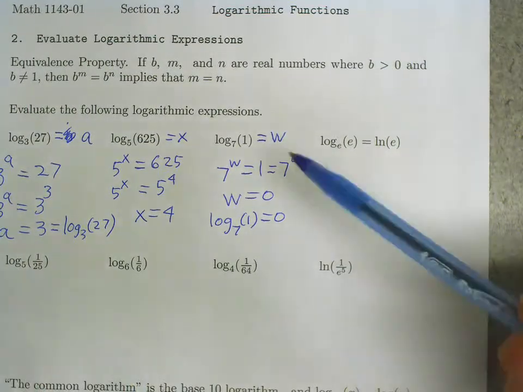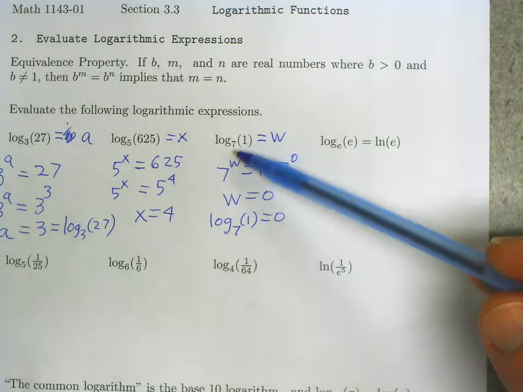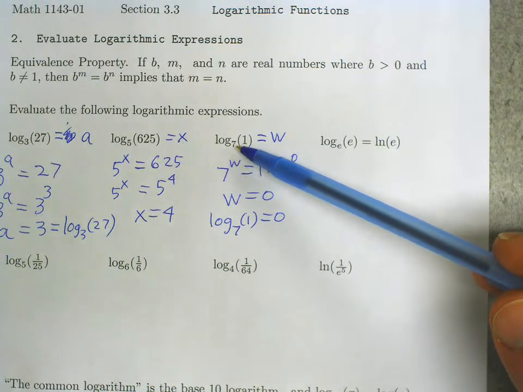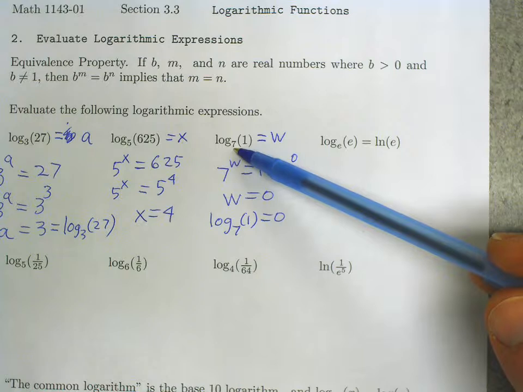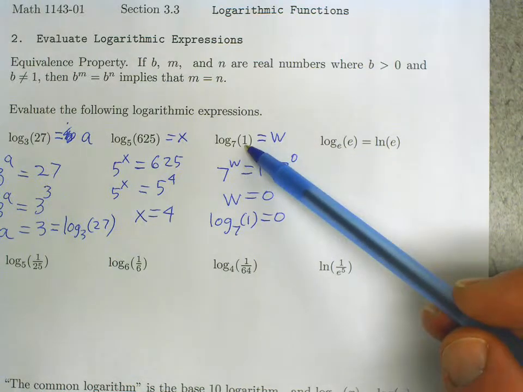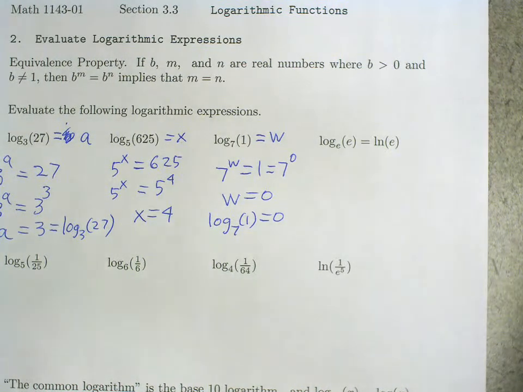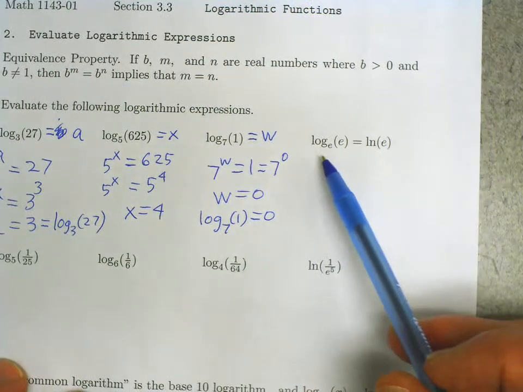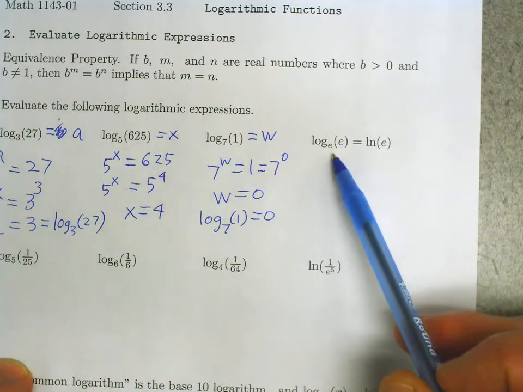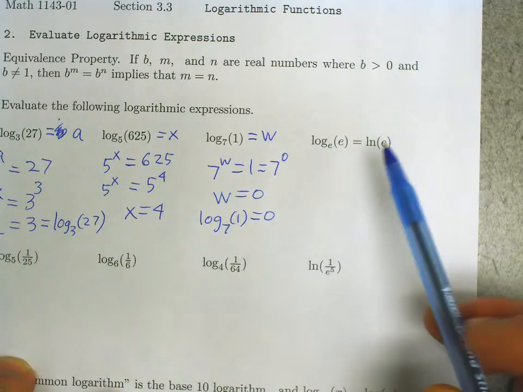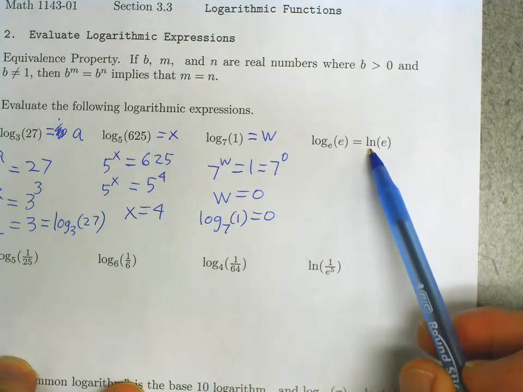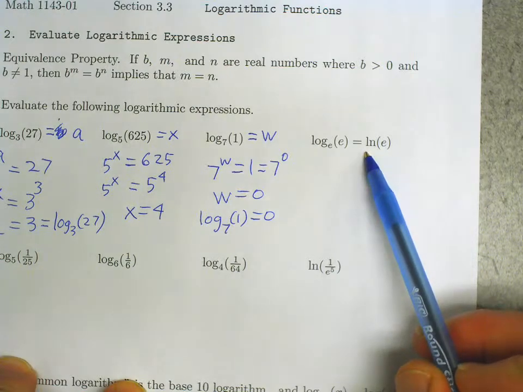Okay, so as long as the base of the logarithm is what it's supposed to be, a positive number that's not equal to 1, then anytime the argument of the logarithm is 1, the value of that logarithm is 0. Okay, log base e of e, the base e logarithm is the natural logarithm, so it gets its own special notation.